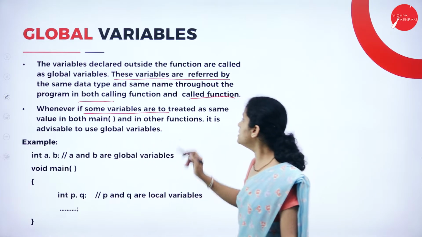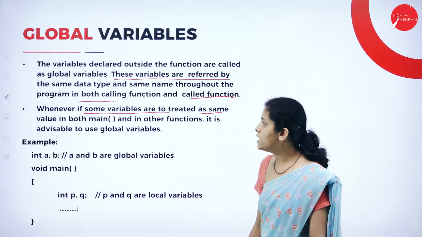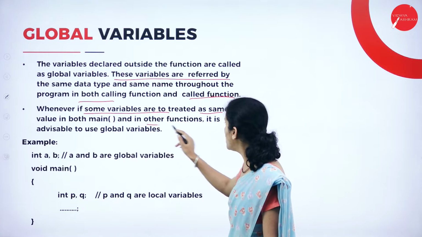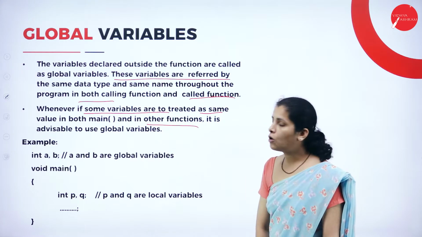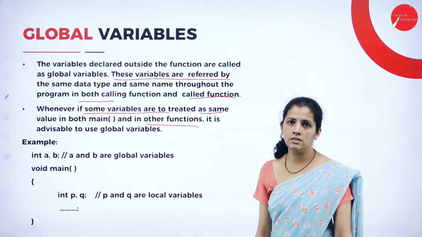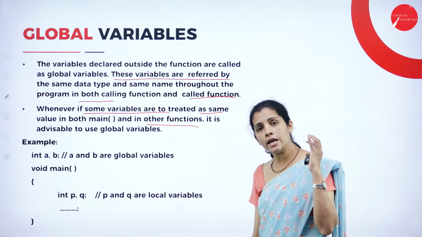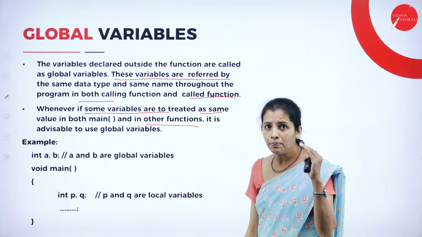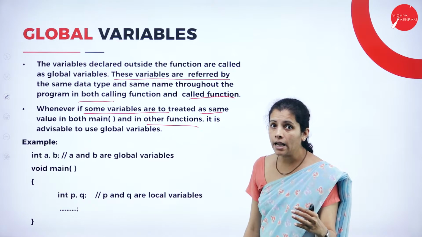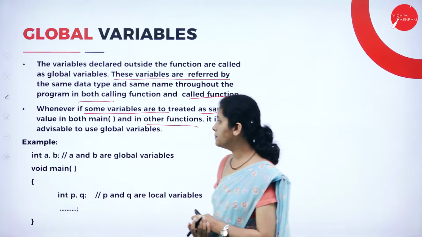If some variables hold the same value in both the main program as well as in another function, they are also called global variables. That means there are certain times I want to use the same variables in my program as well as in my function. That time it's better to go with global variables.